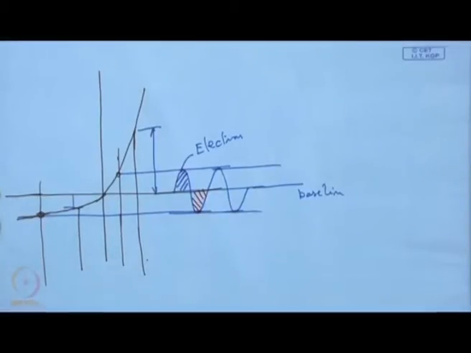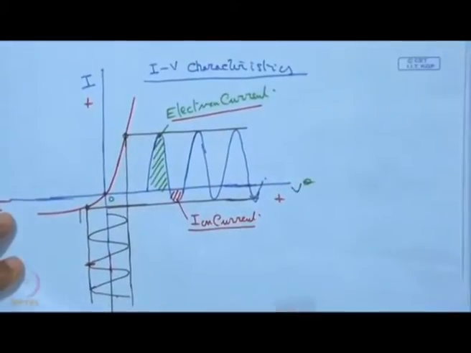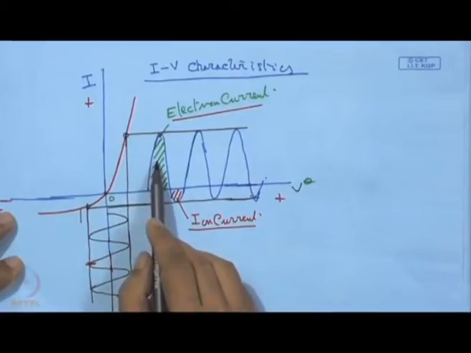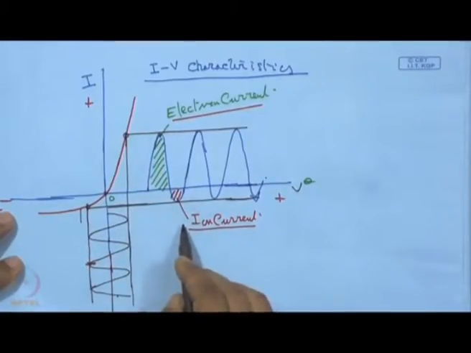That means, if we consider the previous diagram, here this sinusoidal external input variable was applied about this y axis, and as a result we had excess electron current and small magnitude of ion current.